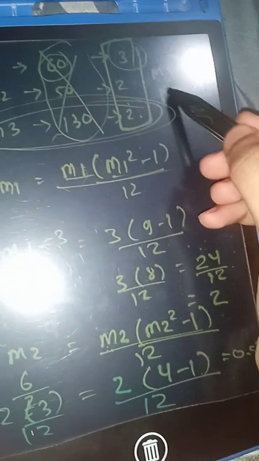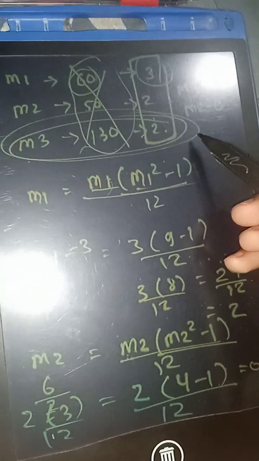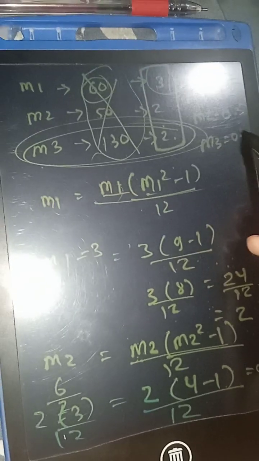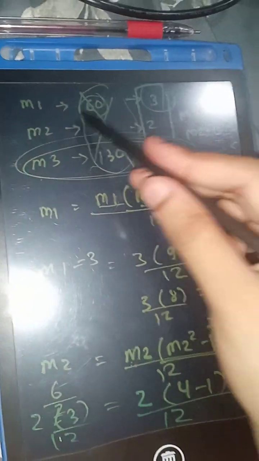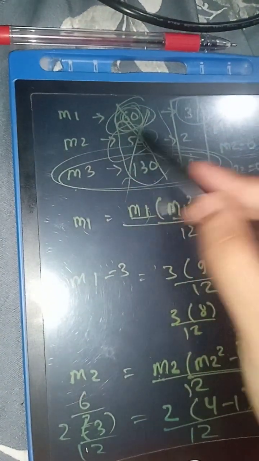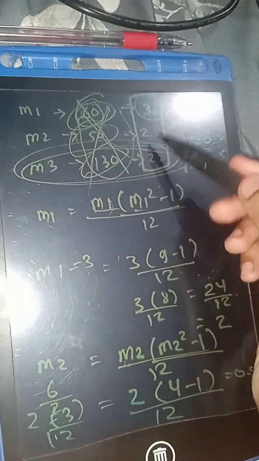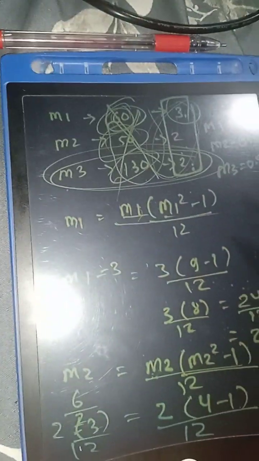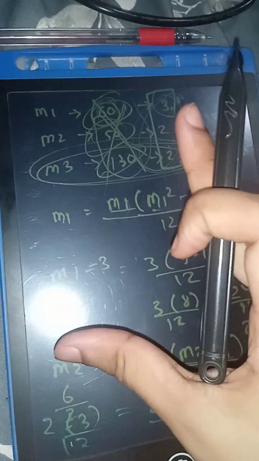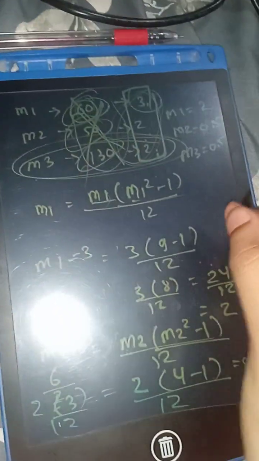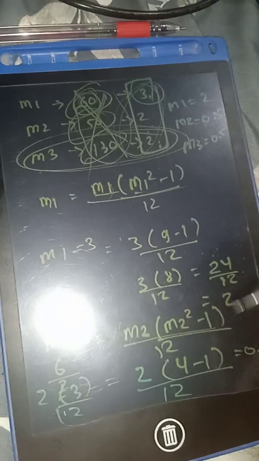So m2 is equal to 0.5, and m3 is equal to 0.5 again, because we don't have to consider these values that are differing. These are the values that we need to consider. It is simple, beta. You just have to practice it a few times, and you'll be like water.